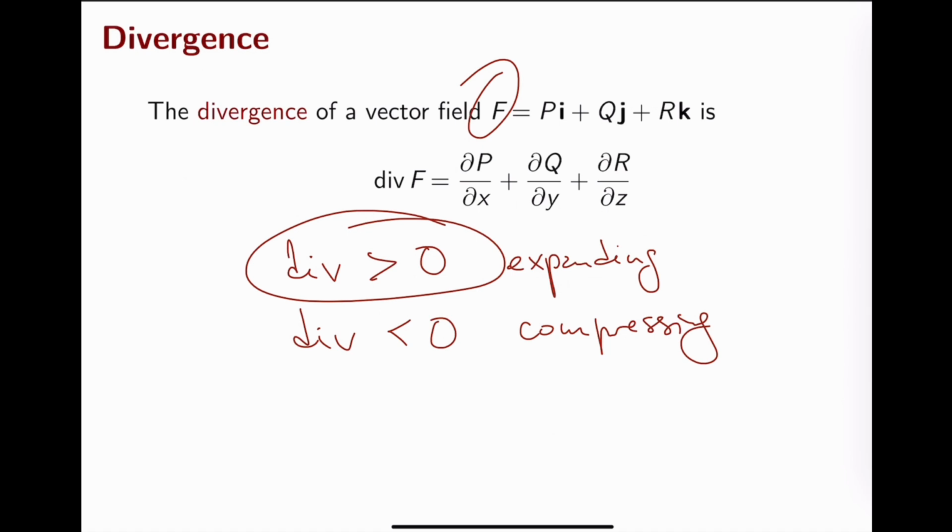In other words, at the point, more fluid is flowing out than flowing in if the divergence is positive. And in the other way, if the divergence is negative, more fluid is flowing in at the point than is flowing out.